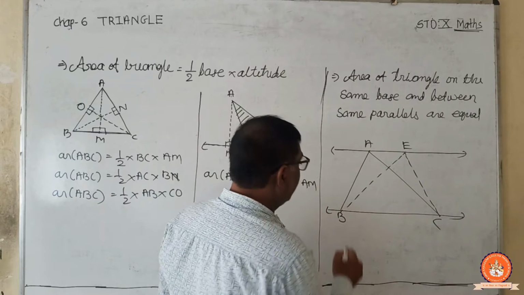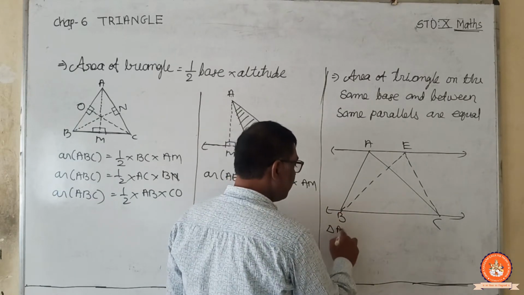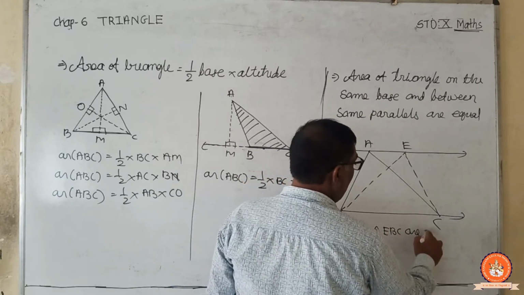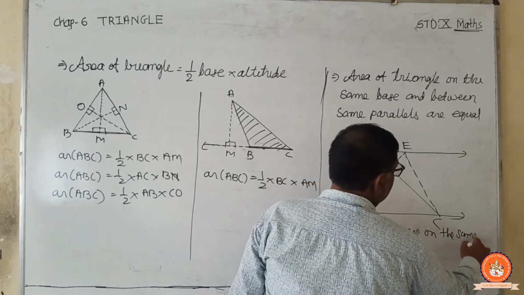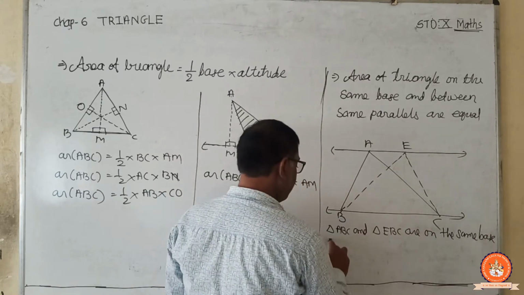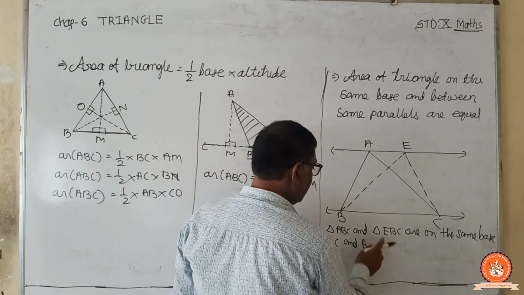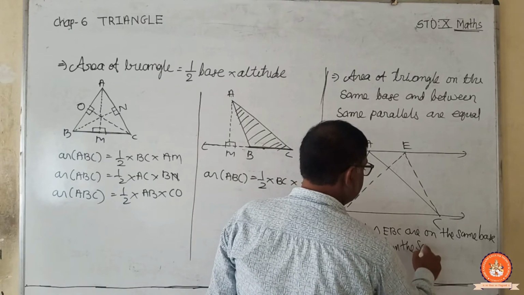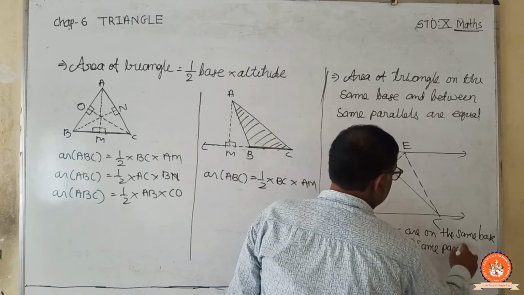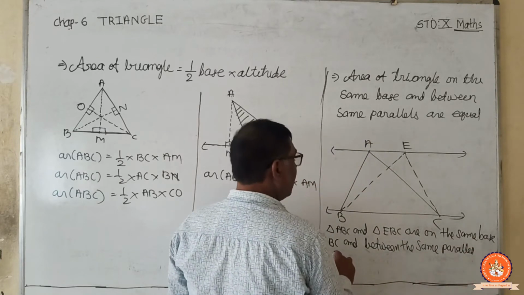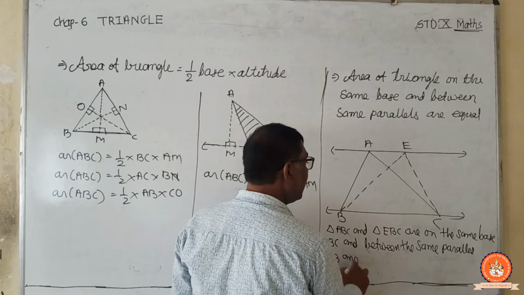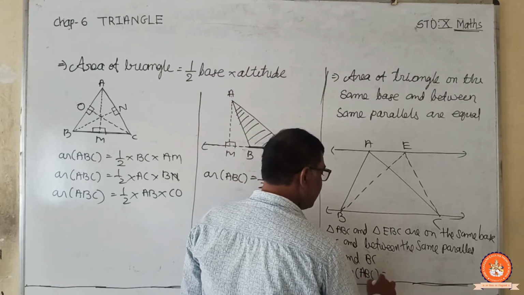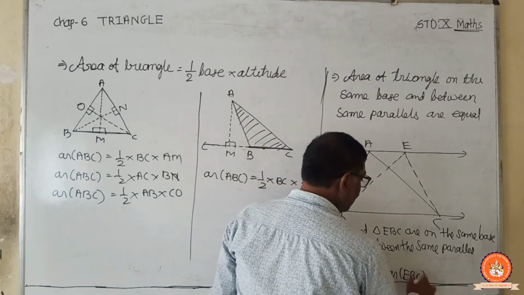So look at it, triangle ABC and triangle EBC are on the same base BC and between the same parallels AE and BC, and therefore area of triangle ABC is equal to area of triangle EBC.